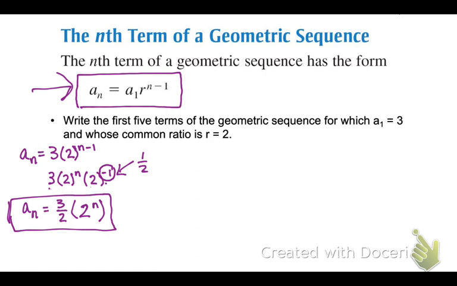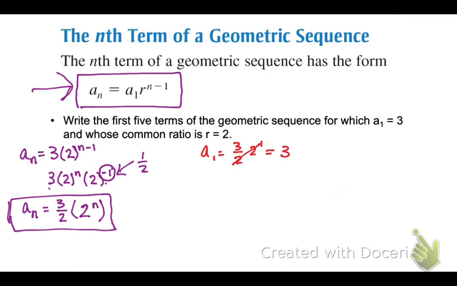Okay, so now I'm going to plug in numbers, 1, 2, 3, 4, 5. So a sub 1 equals 3/2 times 2 to the first. Well, what happens to my 2's? They reduce and I get 3. Is that what I was supposed to get? Yep.